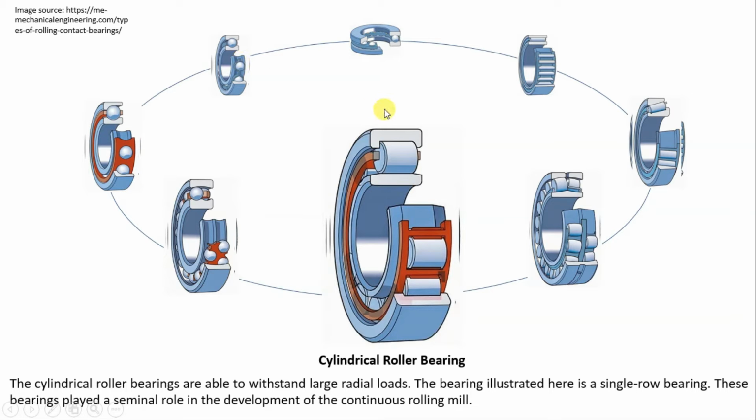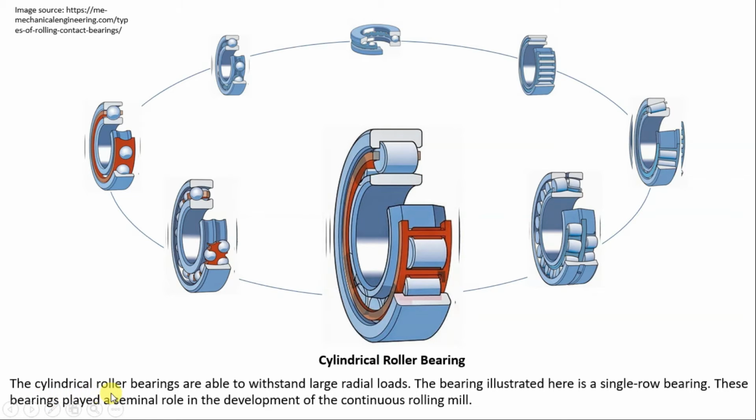So in applications in which the radial loads are high at high speed, you have to use roller bearings. In roller bearings, the contact is line contact as compared to point contact in a ball bearing. So these bearings will take a higher amount of load.